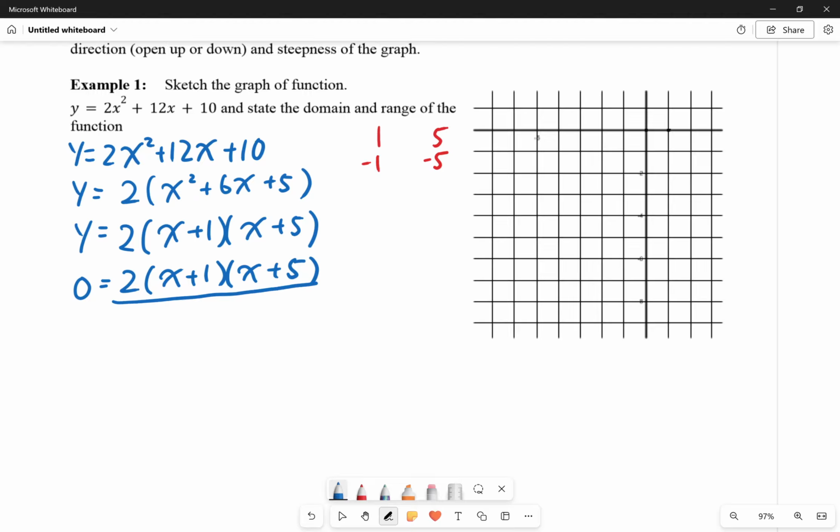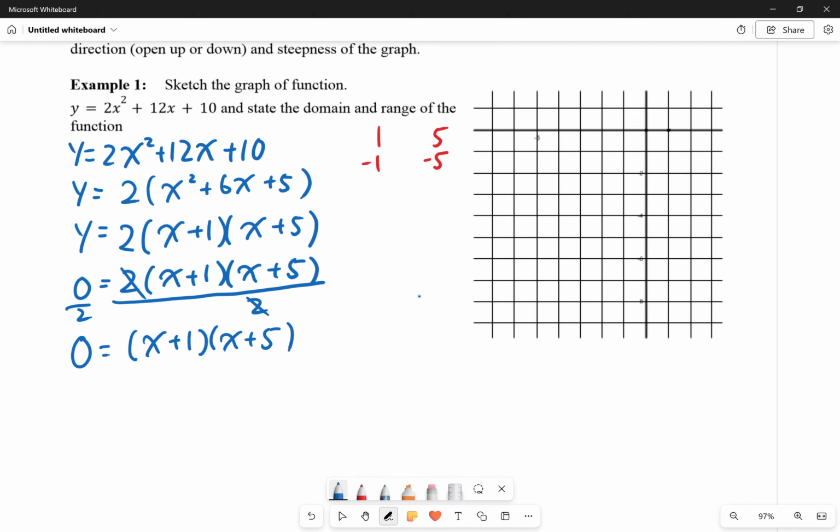So these 2's will cancel out, but what happens on the left side? 0 divided by 2 is still 0. Nothing changes. Okay. And I have my brackets of x plus 1 and x plus 5. The 2 that I just canceled out doesn't do anything now. It's going to do something later.